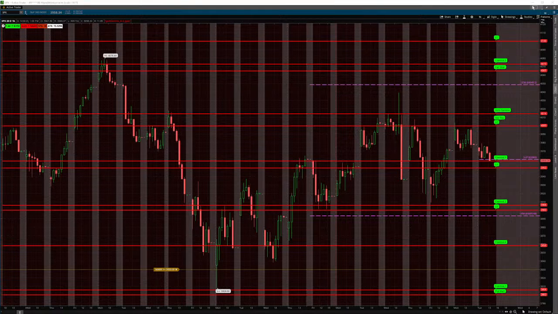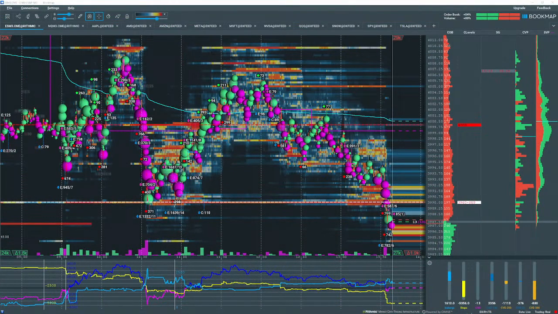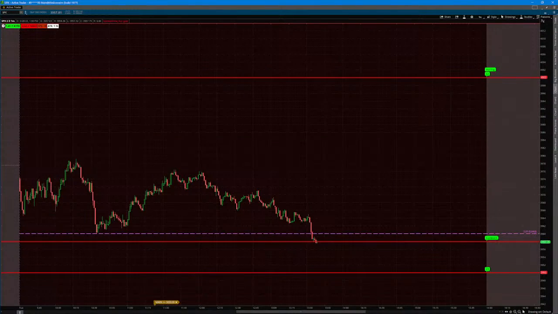And let's take a look at a shorter time frame now. Another Thinkorswim chart. And this is a 1-day, 1-minute chart just to show the levels that are in play for today.